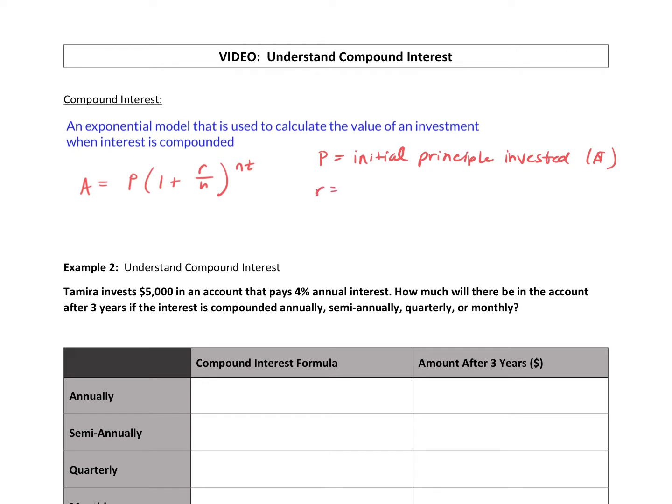R is the annual interest rate. This will be a percentage in the problem, and you are going to write it as a decimal for using the formula. N is the number of compounding periods per year.